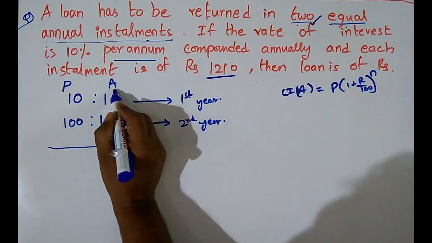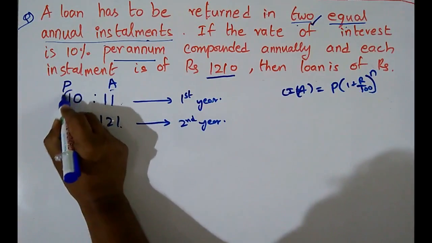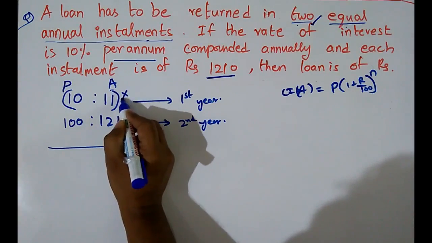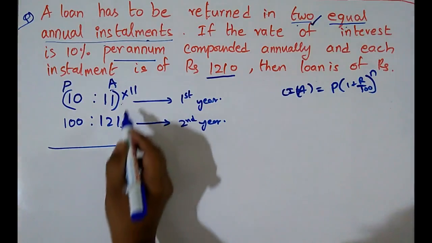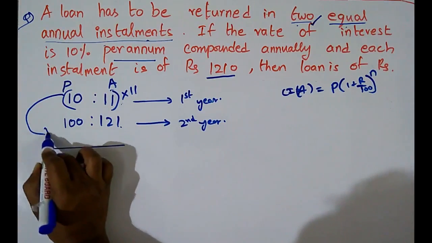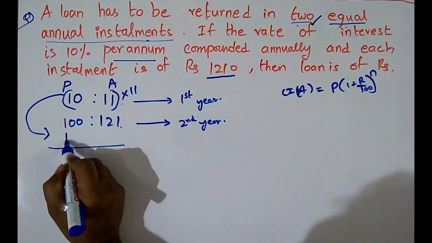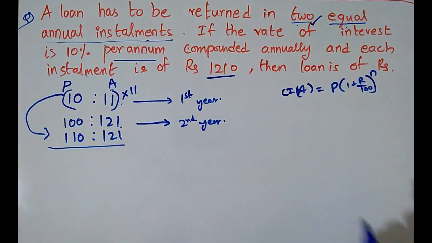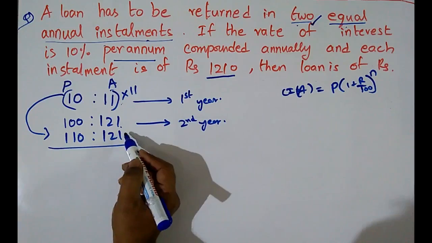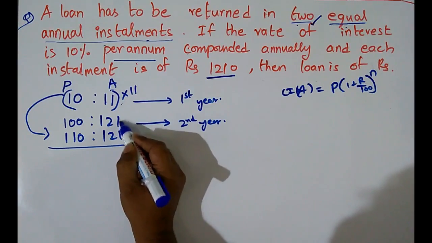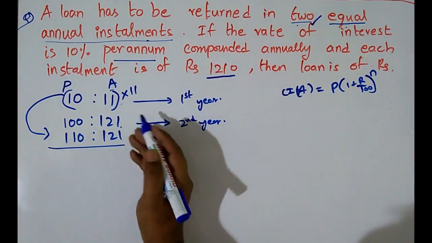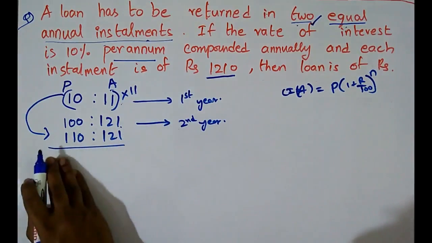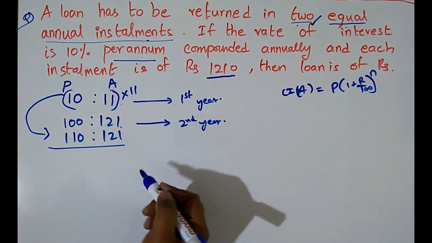Okay, friends, so I am multiplying by 11 again. If we multiply by 11, what will we get? 110 is to 121. By then, these two amounts which we are paying for the principal we have taken are the same.